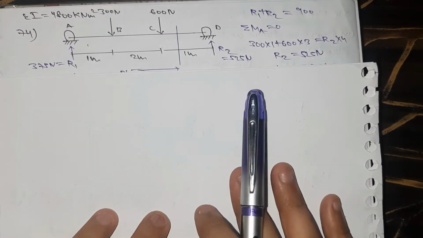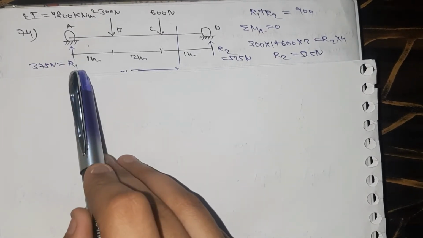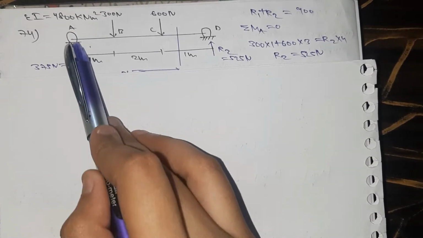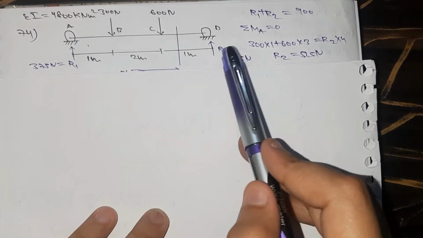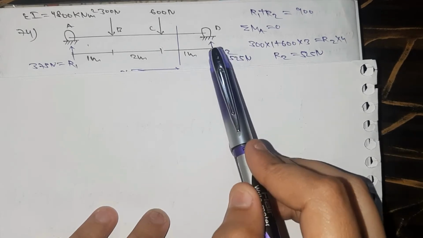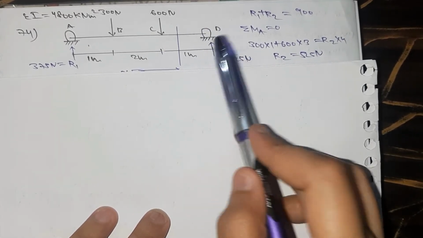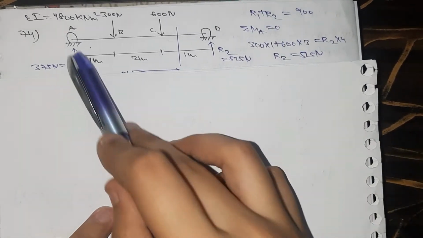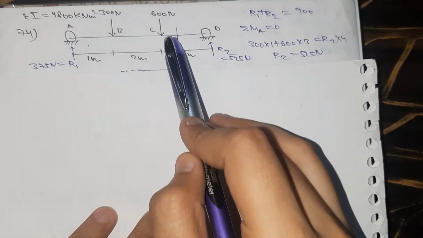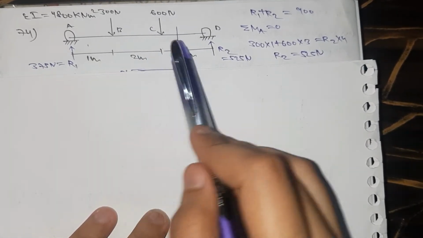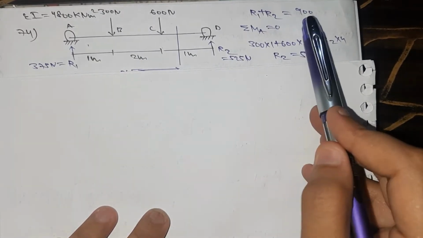You can see I have already written it down. At support A, R1 is the reaction acting upward, and R2 is the reaction acting upward at support D. So R1 plus R2 are the upward forces, whereas the 300 and 600 Newton point loads are acting downward. So R1 plus R2 is equal to 900.